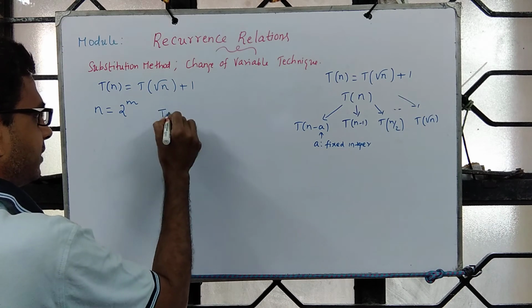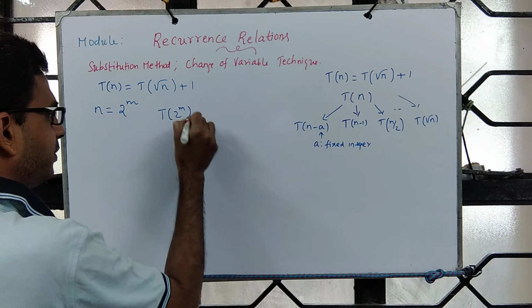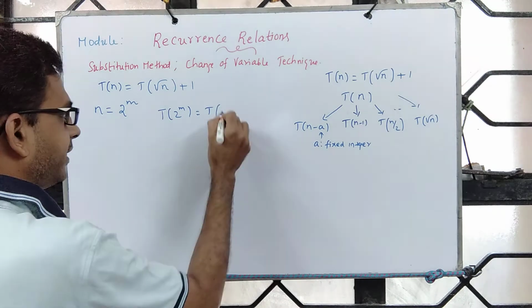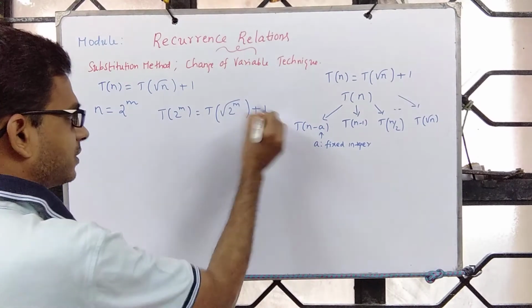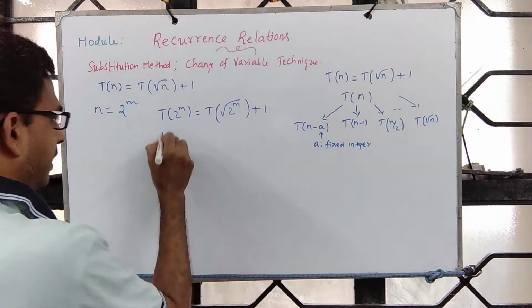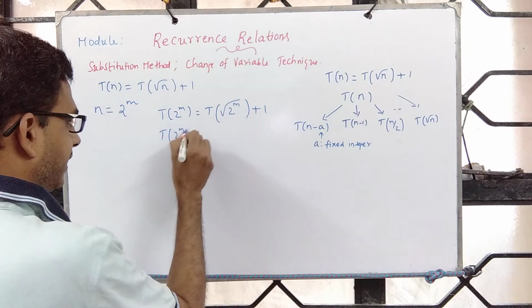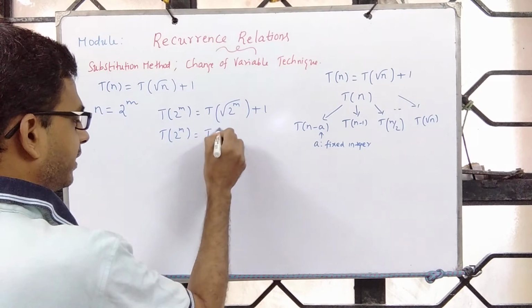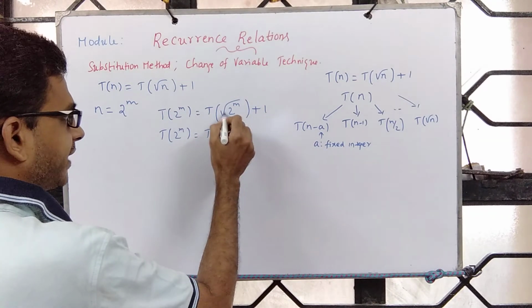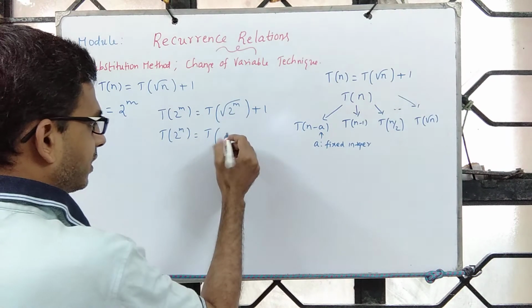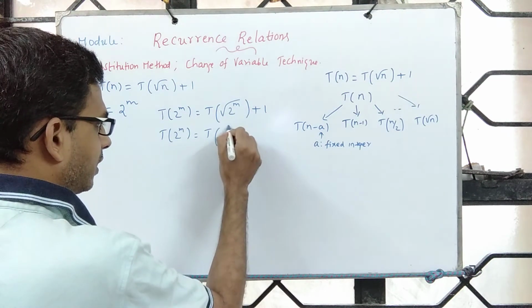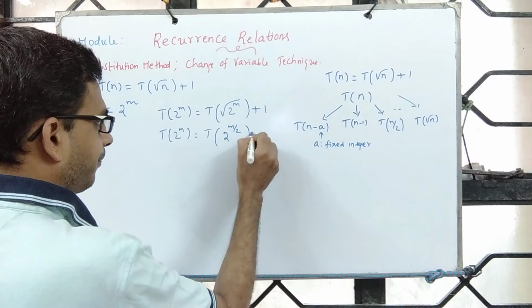So recurrence relation becomes t of 2 power m is equal to t of square root of 2 power m plus 1. And on simplification you get t of 2 power m is equal to t of, this will become square root, right? So which means this to the power 1 by 2, or 2 power m by 2, plus 1.